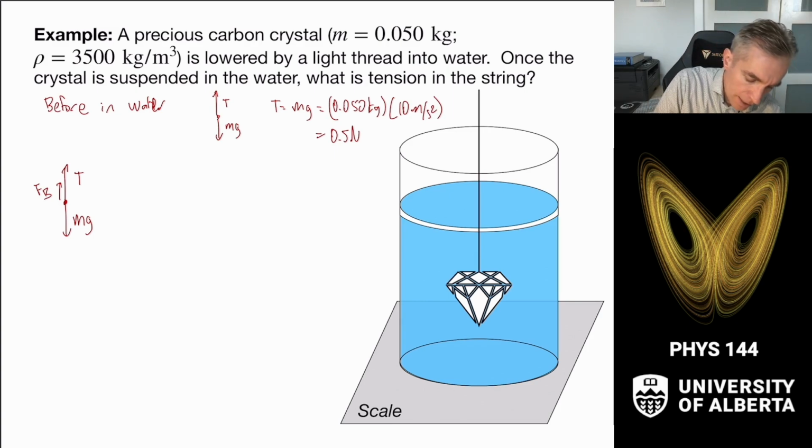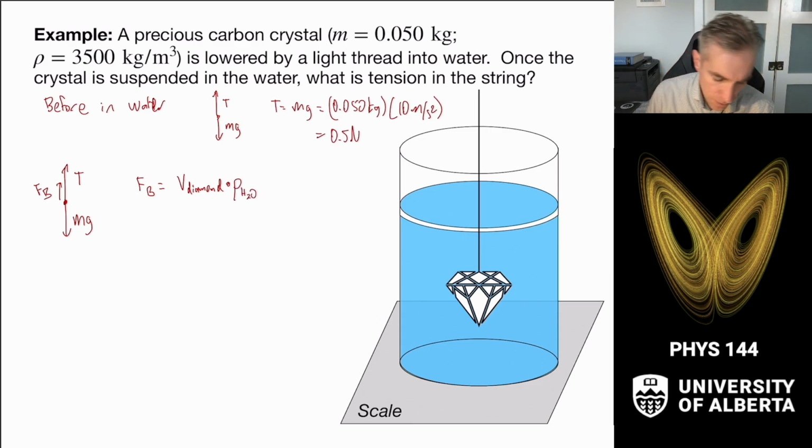We know that F sub B is equal to the weight of the water that's displaced, so it's the volume of the diamond times the mass density of water, rho H2O, which is the mass of water displaced, times g, pushing it upward.